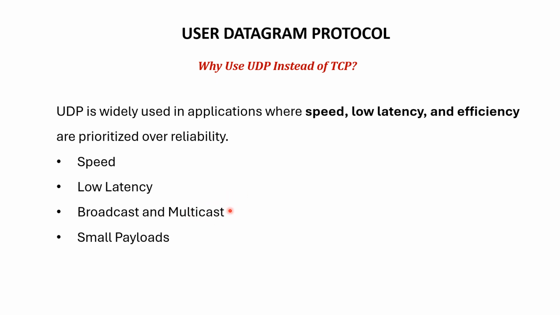UDP supports multicast and broadcast transmission, allowing one-to-many communication efficiently, such as in IPTV or network management. Many applications using UDP have small payloads that do not require the overhead of TCP's acknowledgement and flow control.